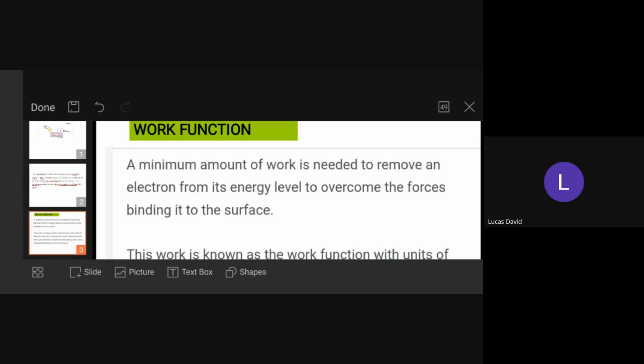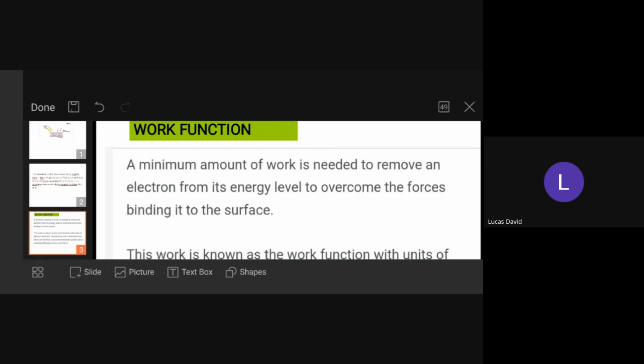But a boy pushing a wall for like 10 minutes, we wouldn't say work is done because after 10 minutes, that wall wouldn't have moved an inch. So work is not being done. So work is done anytime a force moves an object through a distance. All right. Now, in the concept of this photoelectric effect, you notice that the electrons are being ejected.